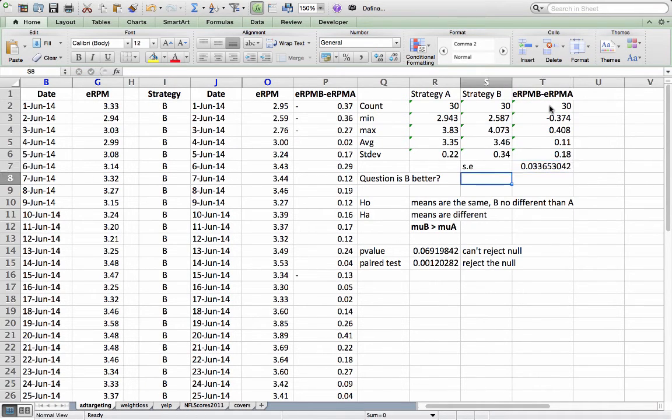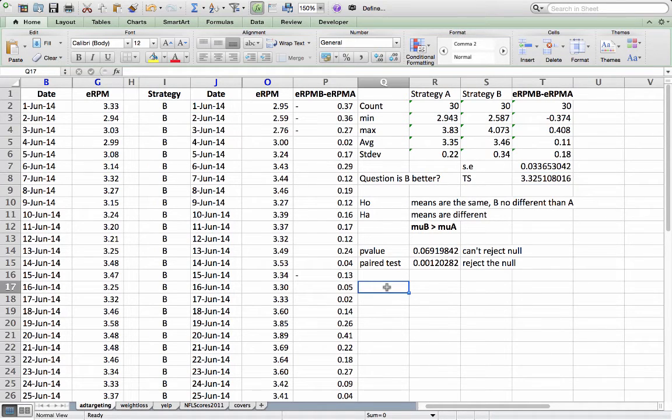And our test statistic: basically here we're testing whether or not this difference is 0. So if the means are the same, then the difference should be 0. So our test statistic is going to be the mean minus 0, divided by the standard error of that estimate. And that's going to be 3.32.